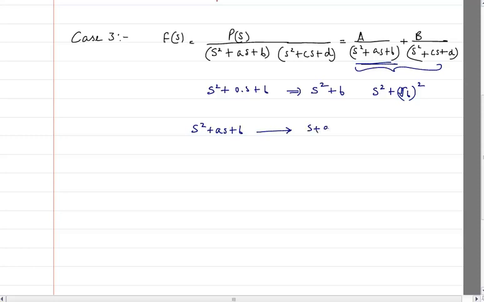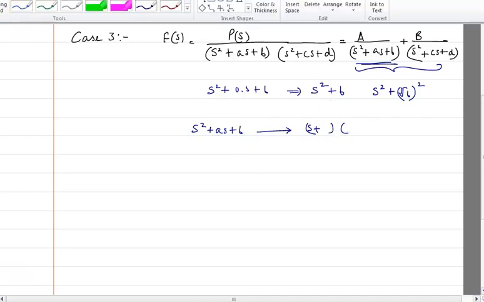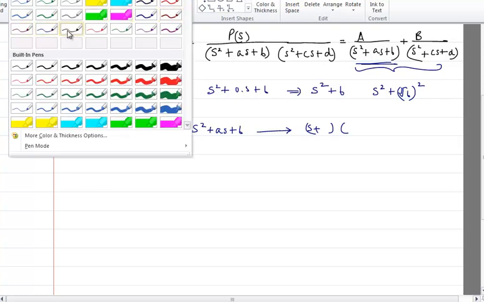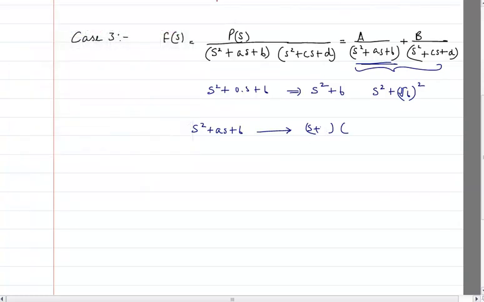Let me not write it as a because people will get confused, since I have used an a. Let's say it gives me a factor form as s plus x and s plus y. That is one of the forms in which this can come.